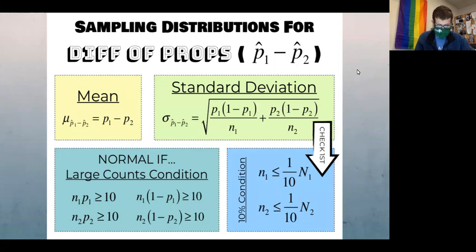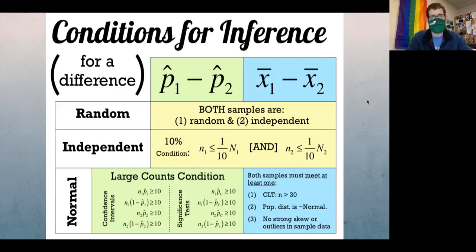All right, so notice that you have to do n times p and n times 1 minus p for both samples. You have to check 10% for both samples. And we will run through the full process. And here's the conditions, and this is also from that worksheet, and it'll just be good to know. So here's what we can do. Check your large counts for both of these. And we're good.